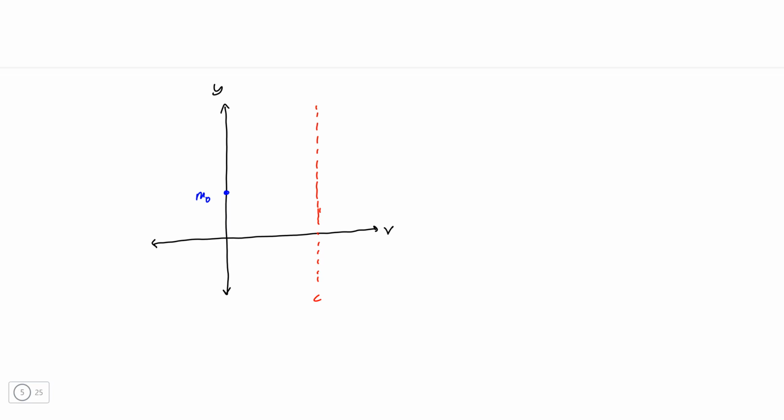We can never actually get there, so it's going to come up and go up towards infinity as it gets closer and closer to v equal to c. So that's what our picture would look like for that.